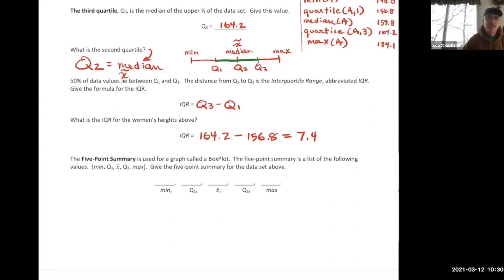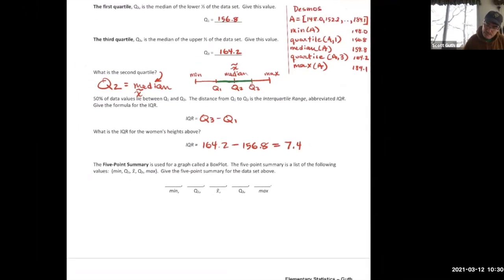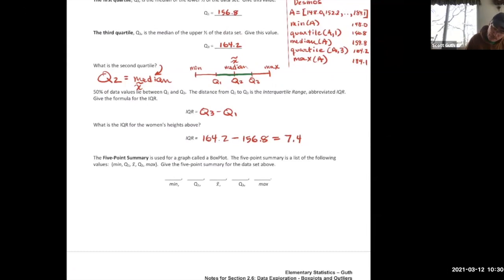Anyway, so you've got this thing called a 5-point summary. Sometimes it's called a 5-number summary. So I've listed them. The min was 148.0. The first quartile was 156.8. Okay, the median is 159.8.